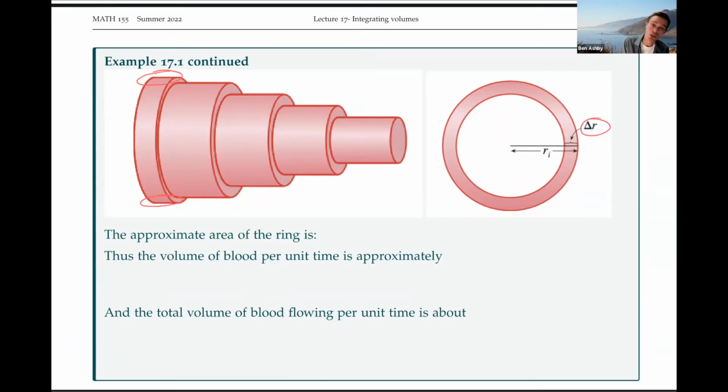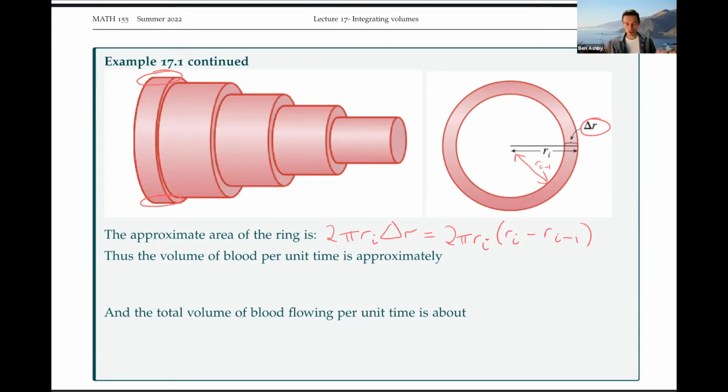Because of that, we can approximate the area of the ring as being fairly close to its circumference, so this is just going to be 2 pi Ri, the ith ring, times delta r, which is just Ri minus Ri minus 1. So in other words, the radius of the ith ring minus the radius of the next one in. So this radius here is going to be Ri minus 1.